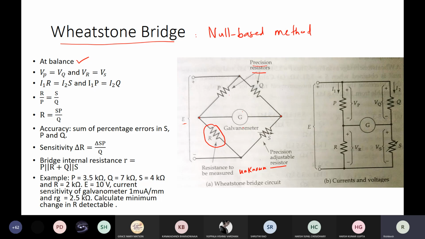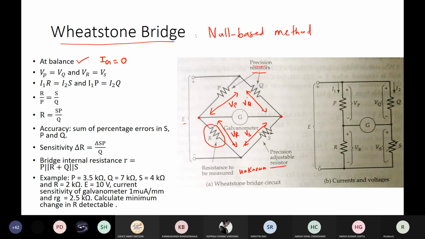At balance, the galvanometer current Ig is 0 and it indicates zero deflection. That means these 2 terminals are at the same potential, so the voltage drop across one resistance equals the voltage drop across the other. So Vp is equal to Vq and Vr is equal to Vs.